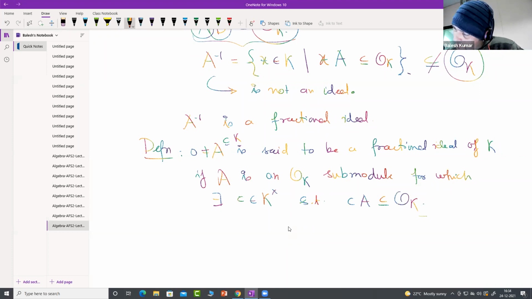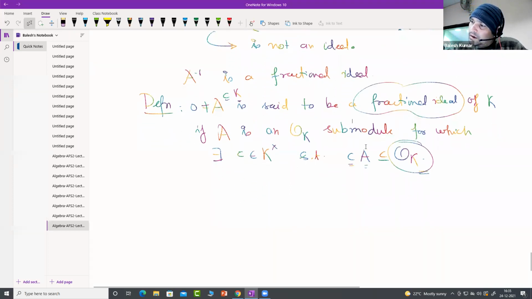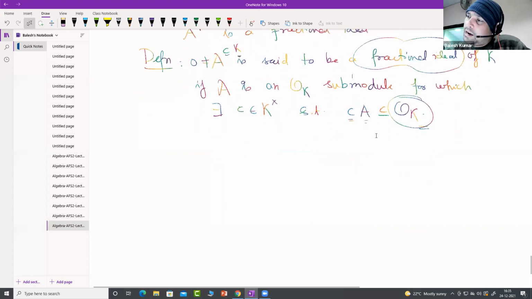So this set contains certain fractions, and if you clear that fraction C and multiply with A, it will lie inside OK. This is exactly the definition of fractional ideal. Up to that fraction, this is an ideal, and it is an OK submodule, as it has to be by the very definition.